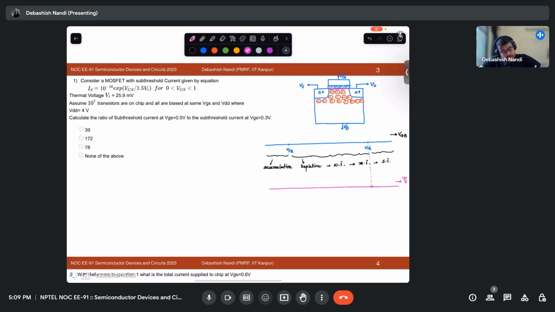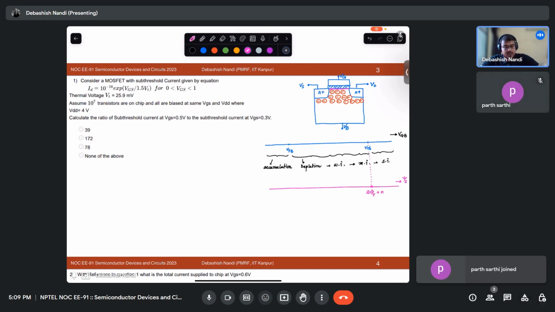Mapped to this point, this is 2 phi f plus some very small value. You have not been introduced to this part, but take it as it is. Some very small value, around 150 millivolt at room temperature.